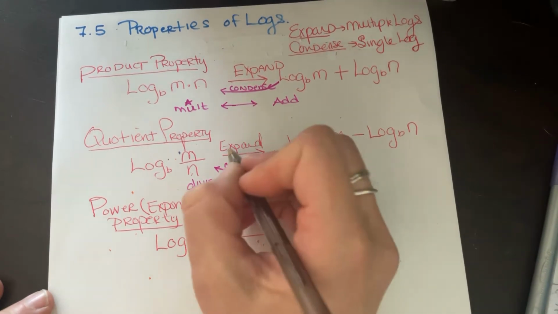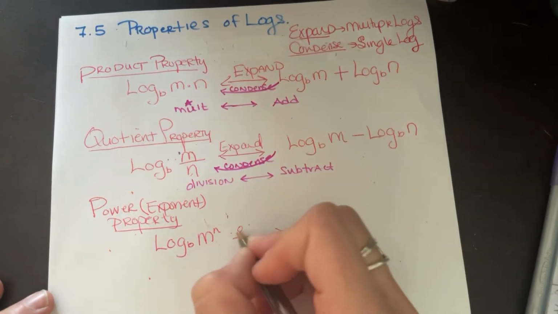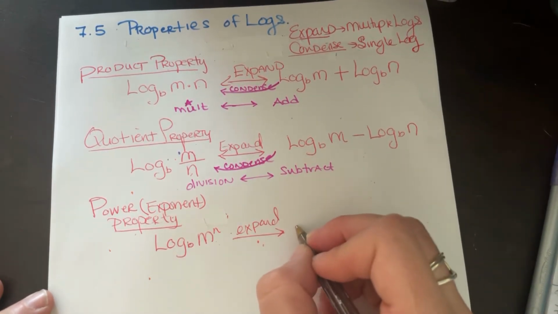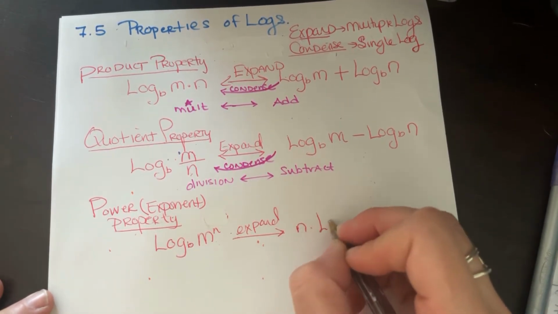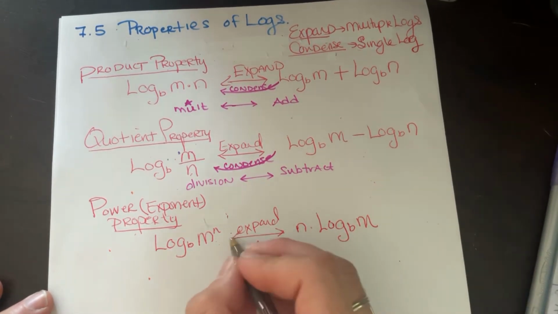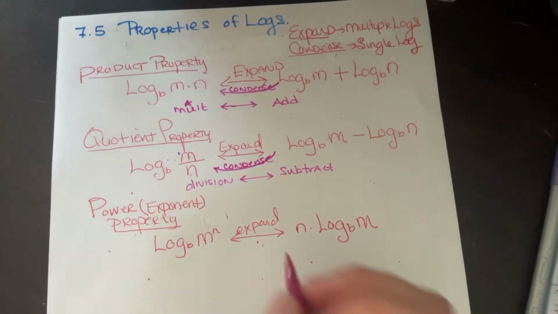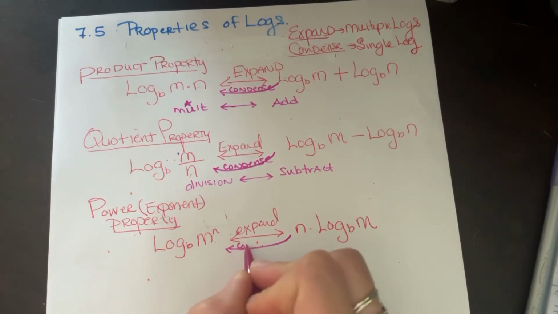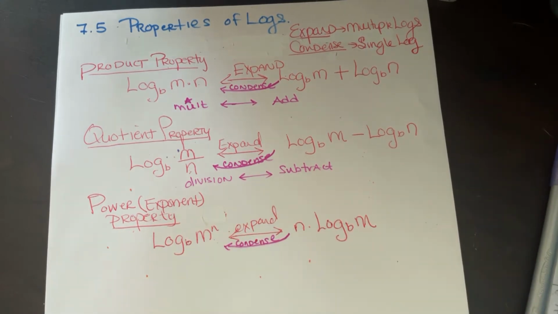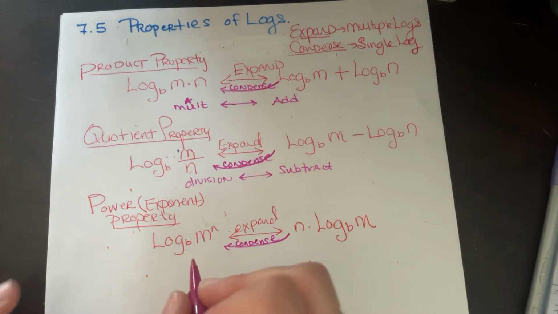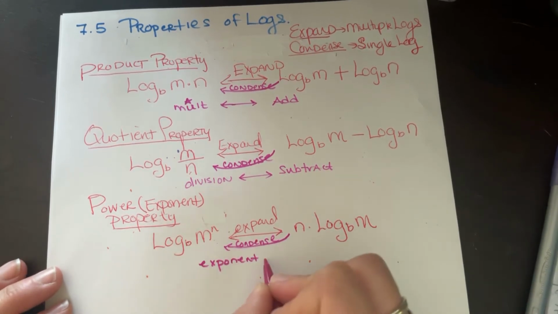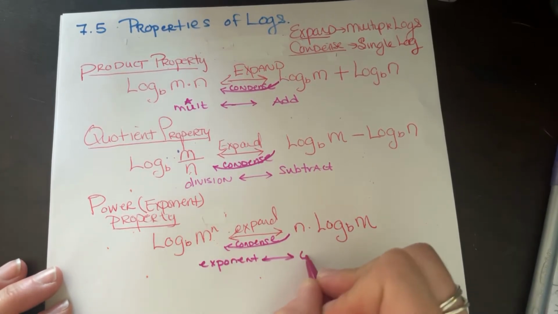When you want to expand, what's going to happen is your little exponent is now going to come to the front, and it's going to be multiplied. Again, vice versa when we do the next day. So if you want to think exponent goes in front.